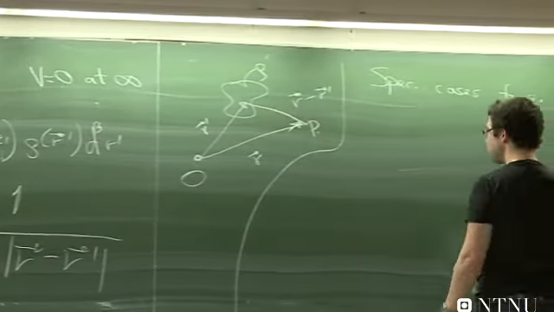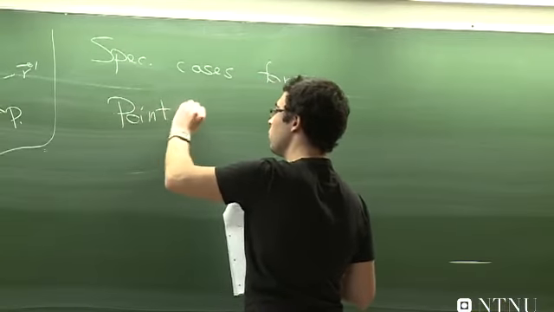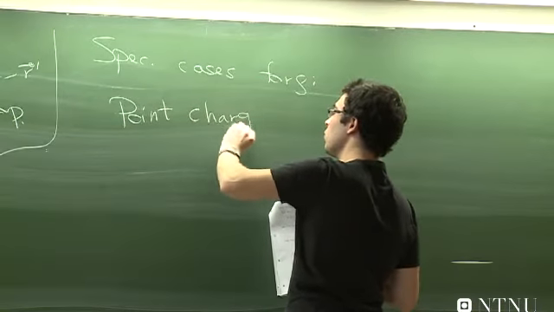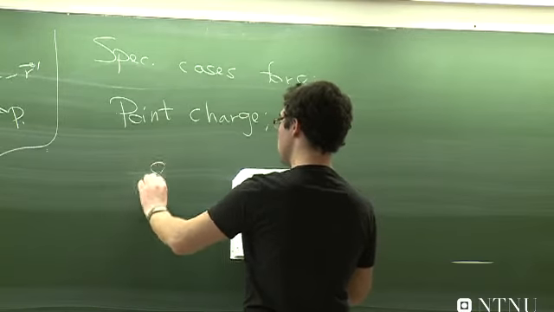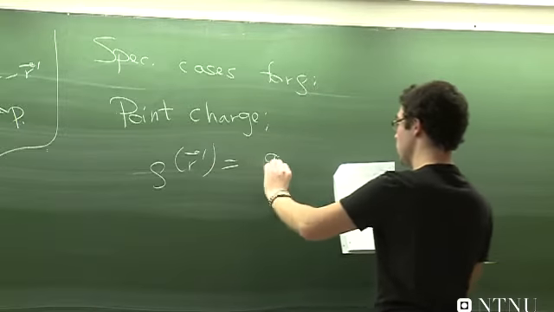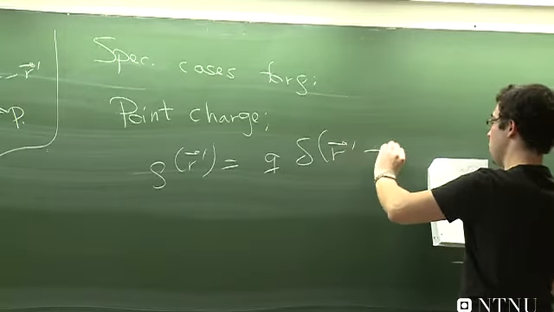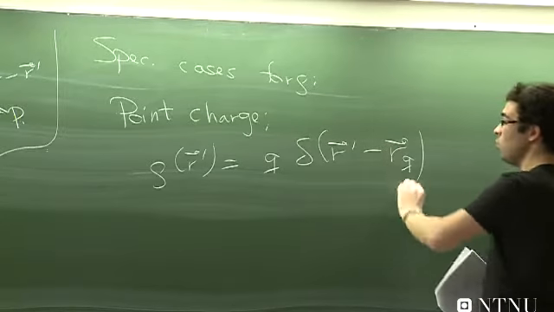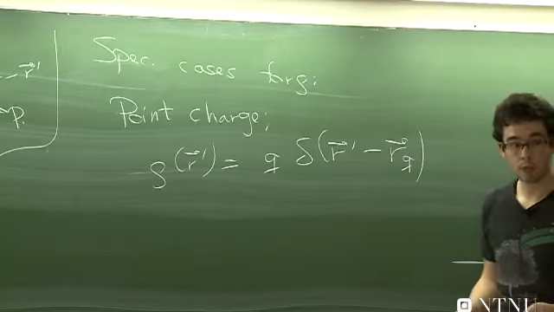And one of them is a point charge. And that we can write as rho of r prime is equal to q times delta of r prime minus r_q, where the charge q is to be found at position r_q. Okay?